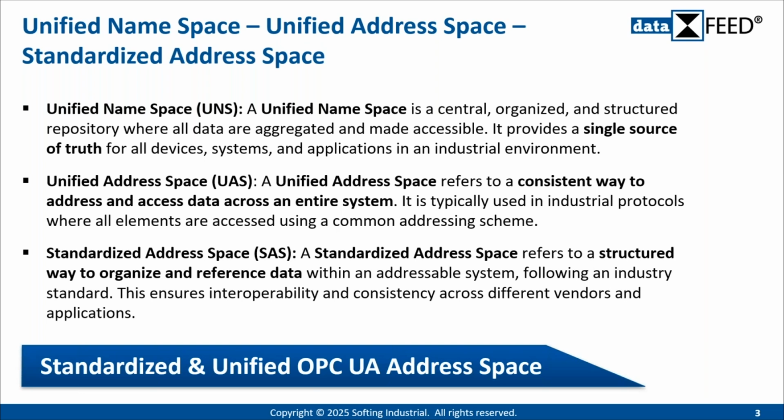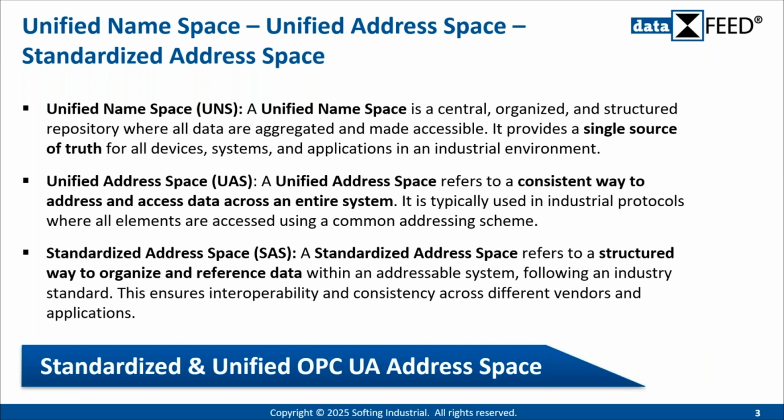A unified address space is a consistent way to address and access data across a complete system. It is mostly used in industrial protocols where more or less the elements are using a common addressing scheme. And then a standardized address space is similar to a unified one, but in this case the address space refers to a structured way to organize and reference the data within an addressable system.